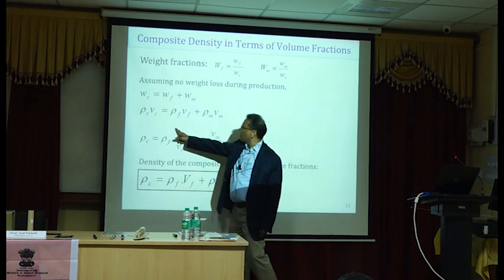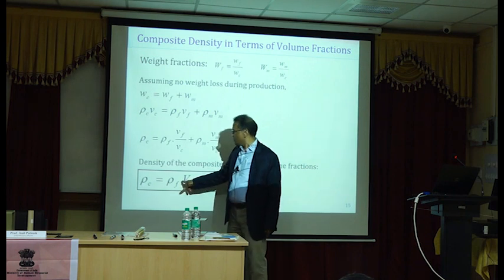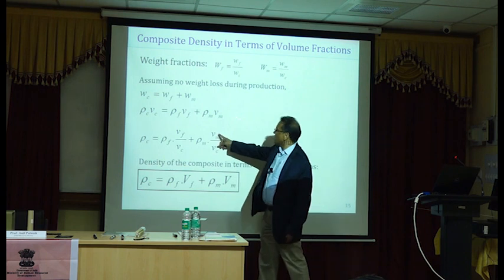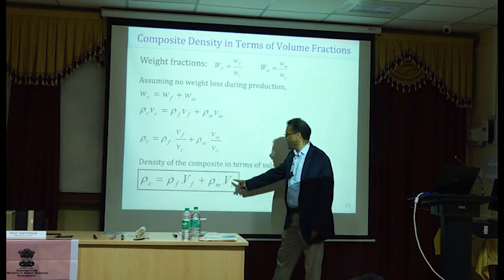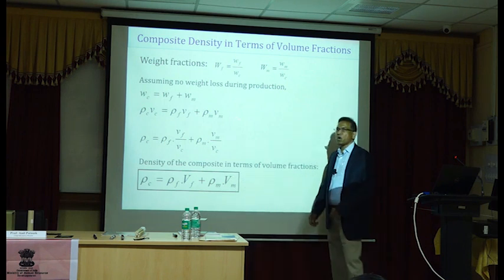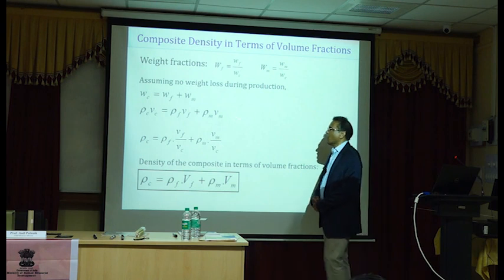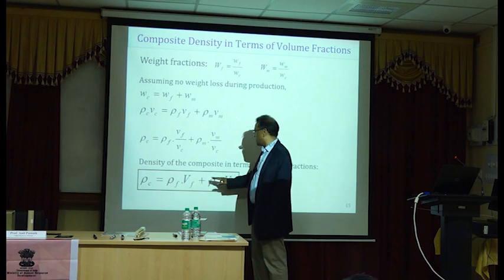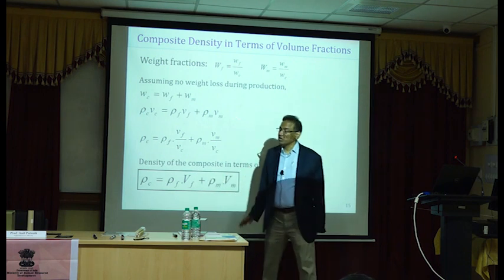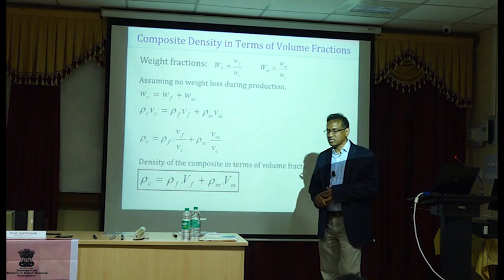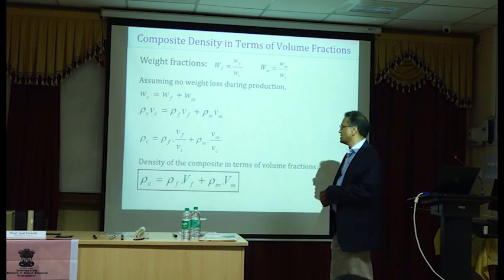So this is nothing but, by definition, vf over vc, fiber volume fraction, and vm over vc is by definition matrix volume fraction. So now we have rho c equals rho f Vf plus rho m Vm. So what you see here is we can calculate the density of the composite based on the proportional amounts of fiber and matrix.